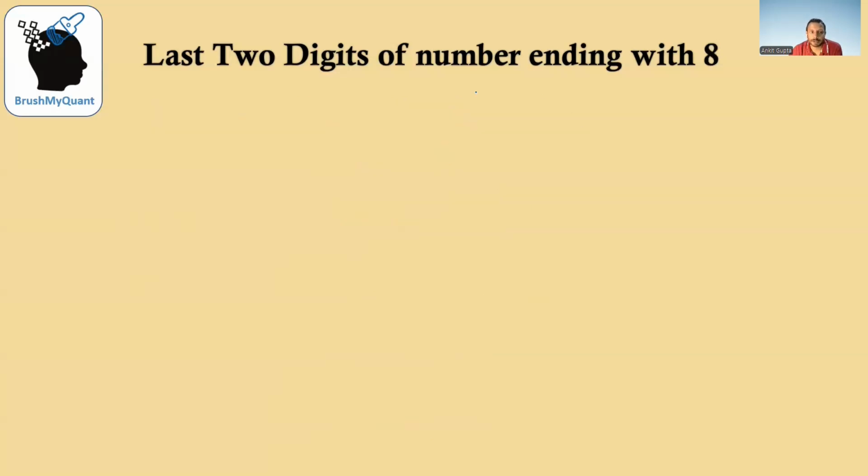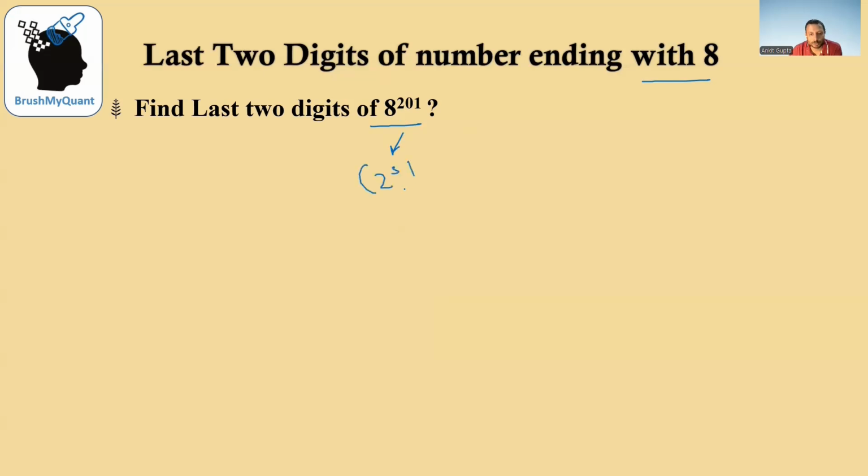Now let's see how we can find last two digits of numbers ending with 8. So find last two digits of 8 raised to 201. The concept is similar to the concept for power of 2 and power of 4. So I'll convert this to power of 2. So this becomes 2 cube raised to 201, which is 2 raised to 603.